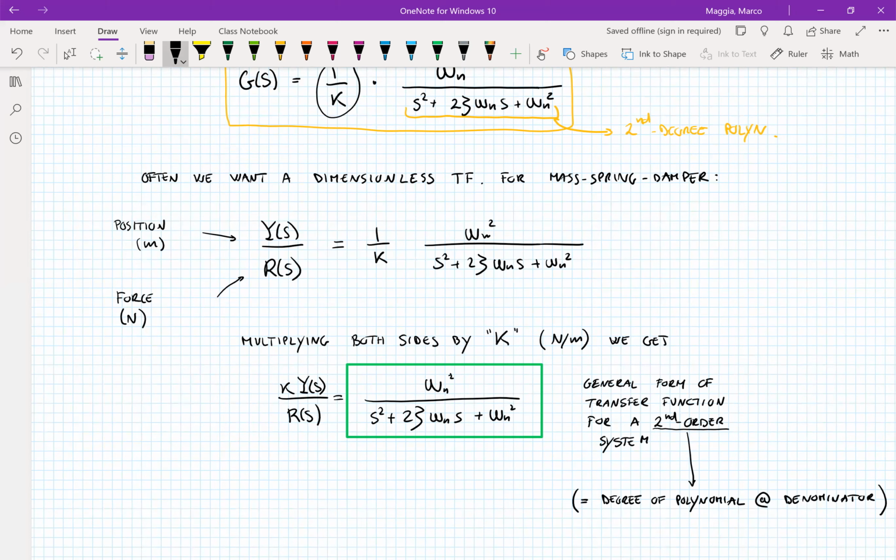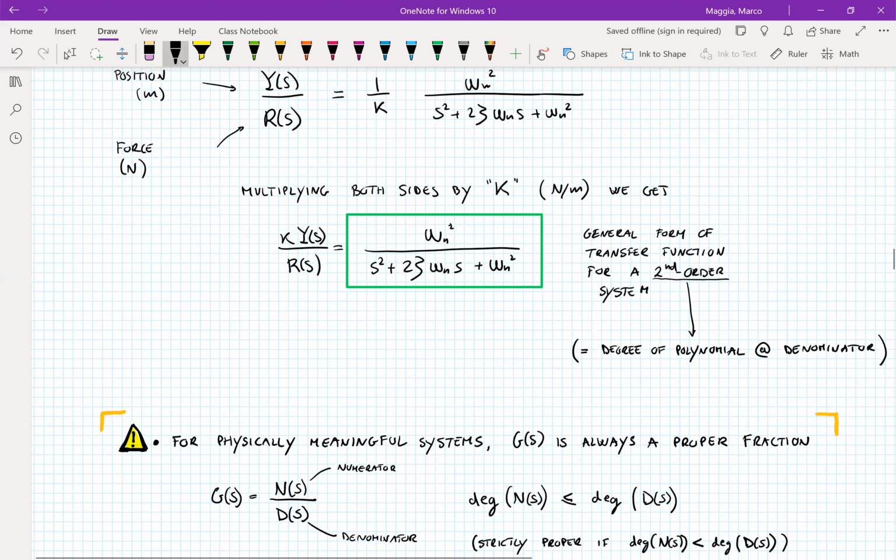So in this case, there's no unit because everything cancels out. And this is very often found as the general form for a transfer function depicting a second order system. Again, as I said, the order is the degree of the polynomial at the denominator.